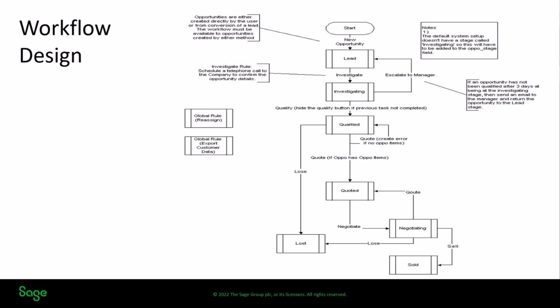Now, the rules, you can start to see, will allow for both splitting of paths, so you can take different routes through a process, and it allows for looping within a process as well. So you can see, if you look down in the diagram, where I've got quoted and going on into negotiating, and then re-quoting, sending back to quote again, indicating another quotation has to be sent out.